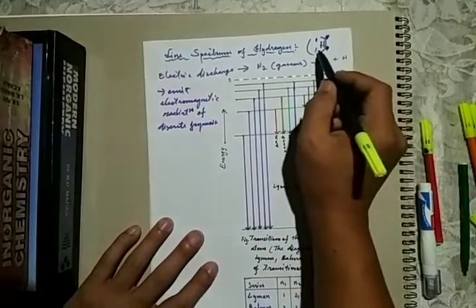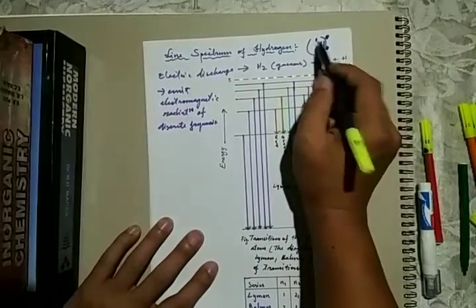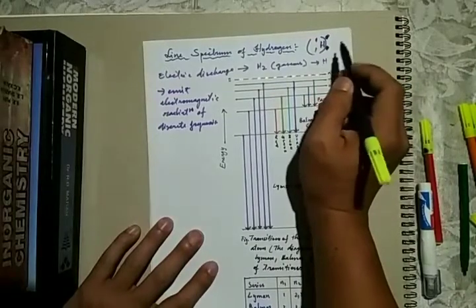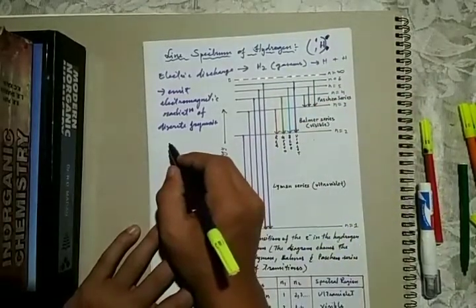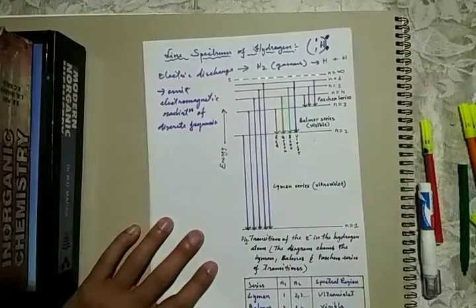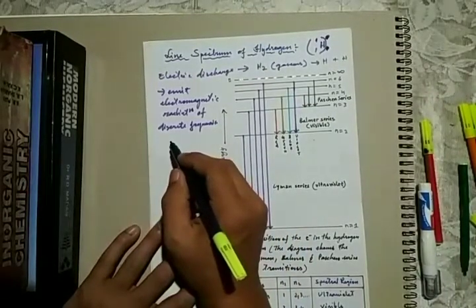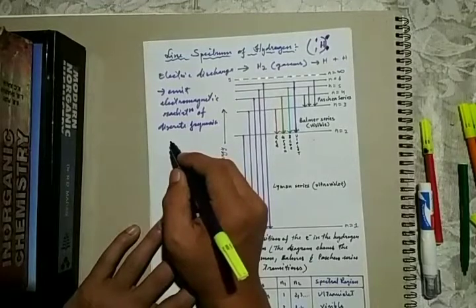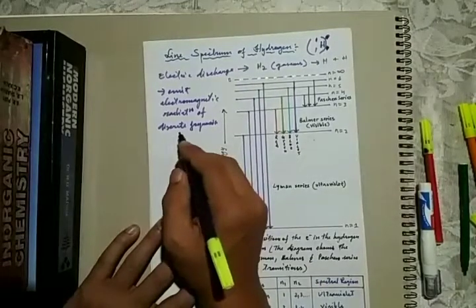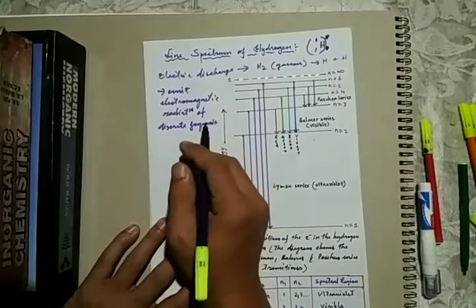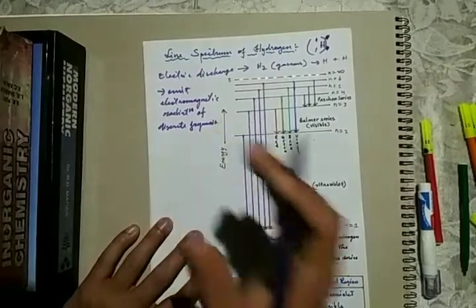When we look at hydrogen, it has one electron and one proton. Since it has only one electron, hydrogen is supposed to show only one spectral line. However, it is not true.